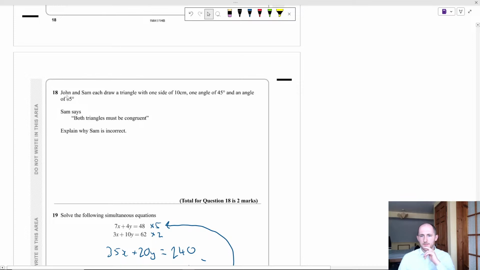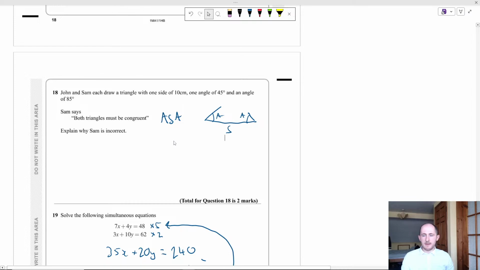Okay, so John and Sam each drew a triangle, each with one side of 10 centimeters, an angle of 45 and an angle of 85. And Sam says that both triangles must be congruent. So here you're probably thinking of angle side angle, in which case they would be congruent. But you should keep in mind that the only way they're congruent is if the two angles are made up of this side. Okay?